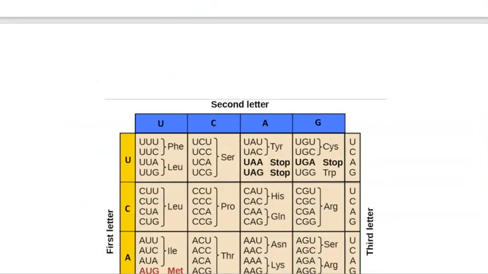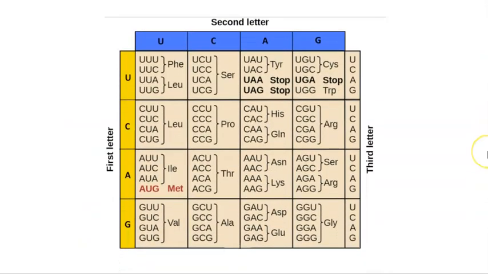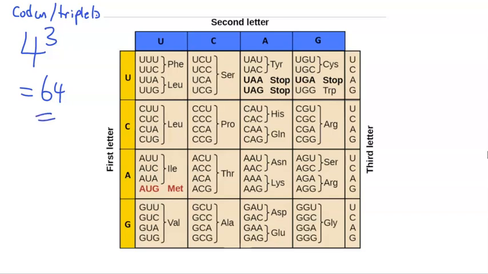Let's look at some of the details of this. Remember that what we're dealing with are 4 bases. Now this works for codons, or it works for the triplets of DNA, and they are in sets of 3. So 4 to the power 3 gives us 64 different possible codons or triplets.